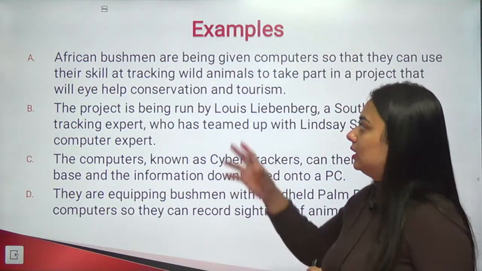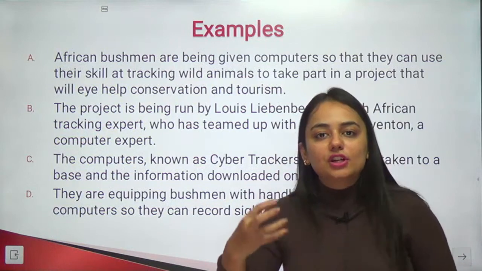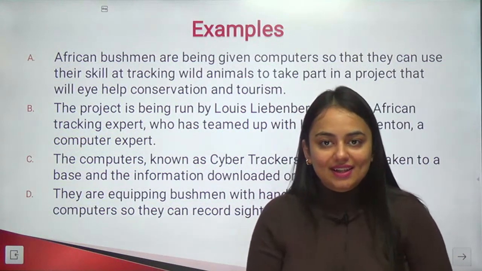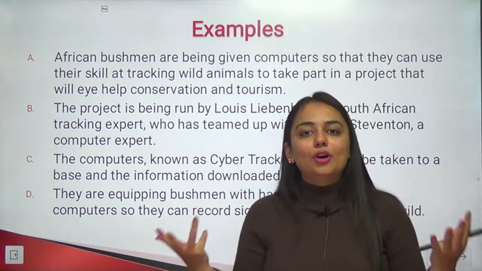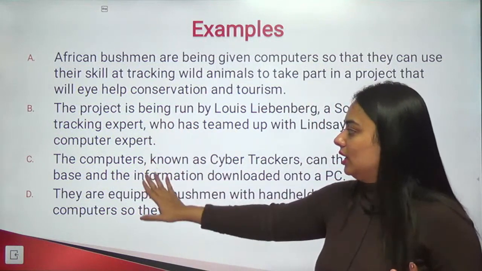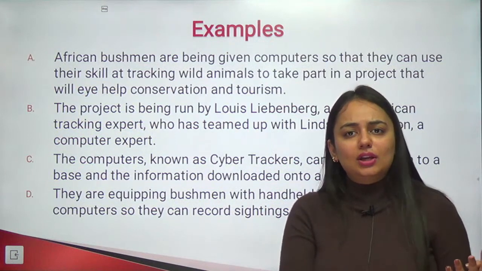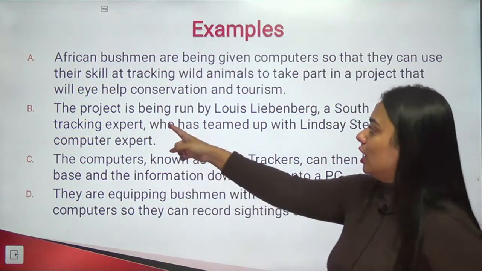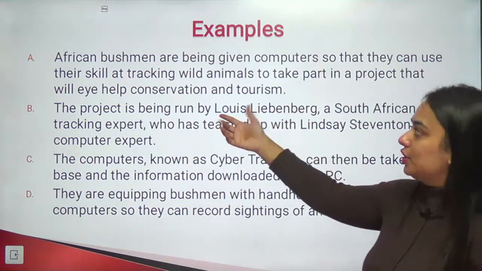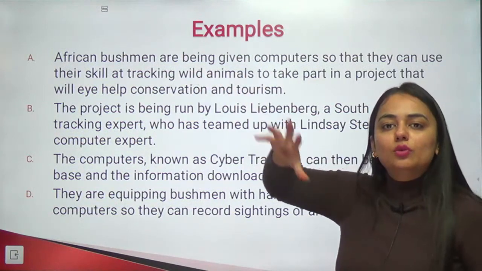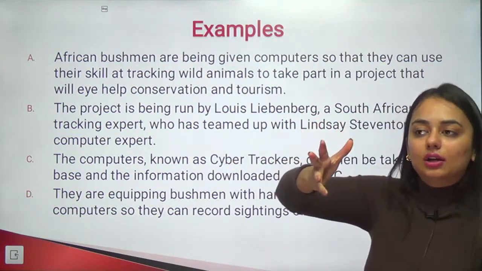So we can say the theme is equipping African bushmen with computers, right? That's it. That's the theme or the main idea. So even when you read the rest of the sentences, you will be able to confirm that yes, the same thing is being talked about. The project is being run by, so which project? Equipping the African bushmen with the equipment, that is computers.